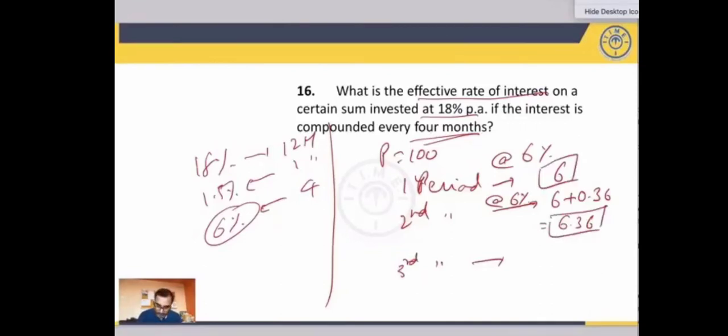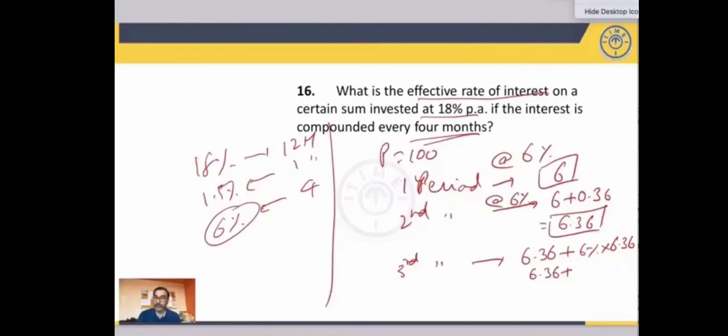For the third period, it will be how much? 6.36 plus 6 percentage of 6.36.